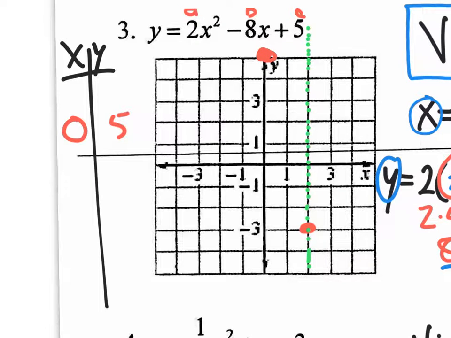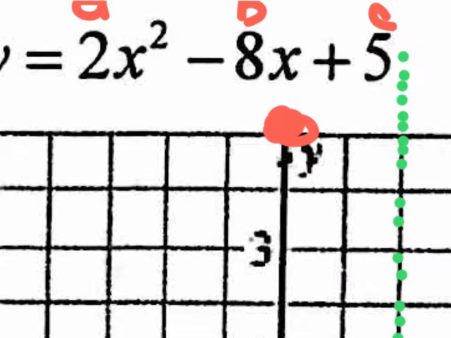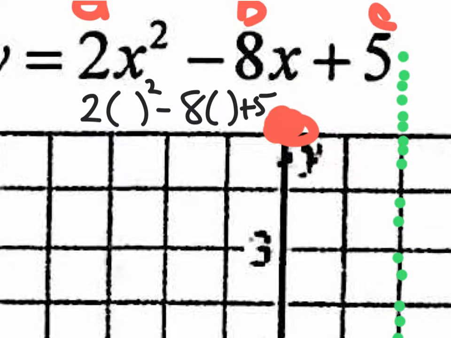And which other number would be nice to plug in? 1 would be good. So let's plug in 1. And when we plug in 1, let me zoom in. So I rewrote it right there. 2 parentheses instead of x squared minus 8 parentheses instead of x plus 5. Let's plug in the 1 that you guys just told me to do. 1 squared is 1 times 2 is going to be 2.